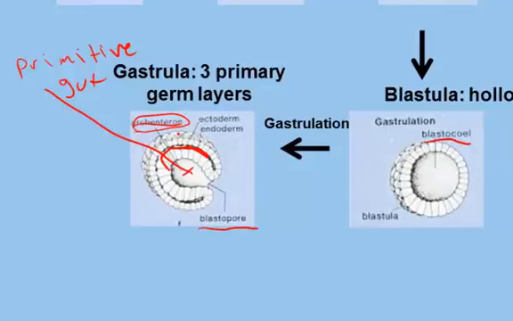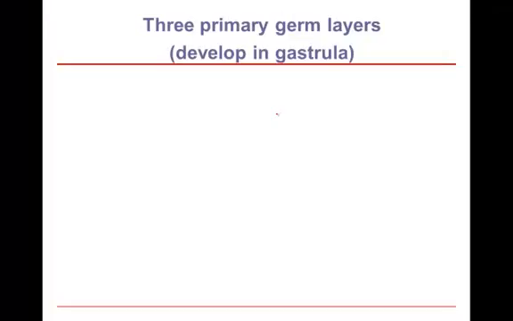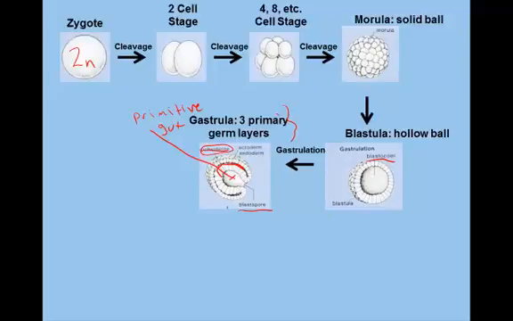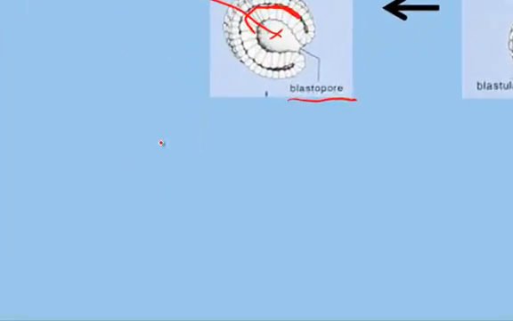And in the gastrula, we have the formation of the 3 primary germ layers. And the 3 primary germ layers are ectoderm, endoderm, and mesoderm, and they give rise to all the tissues. And so I can make a new drawing down here, and so if we're going to make a gastrula, we can make it something like this.